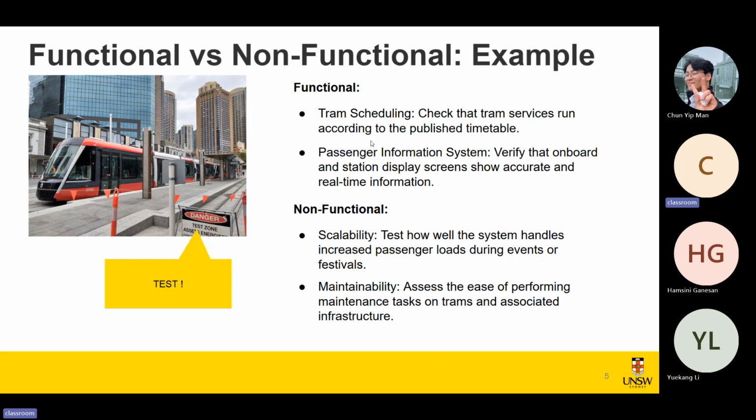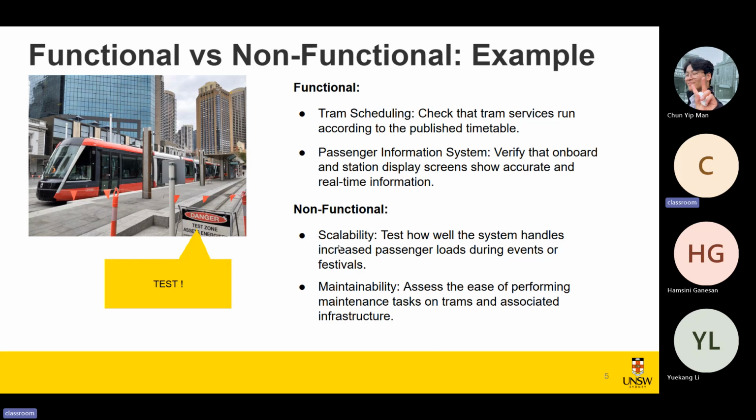As you can see here, normally functional attributes or functional testing are more specific to the system we are testing right now. If we test some other systems, there's no such thing as a tram scheduling or passenger information system, right? We are testing different features. But for other systems, there could also be scalability and maintainability.